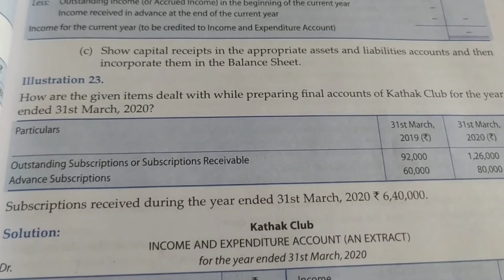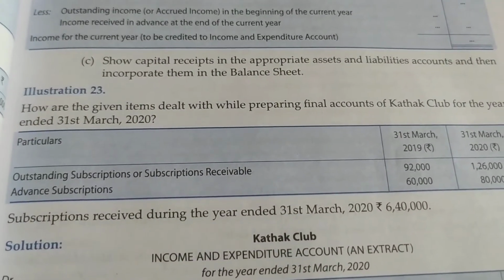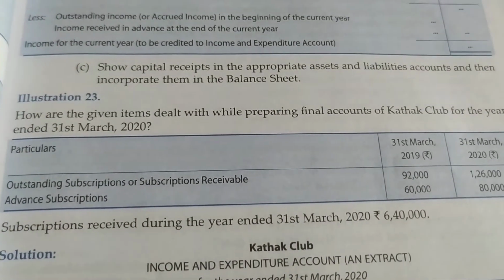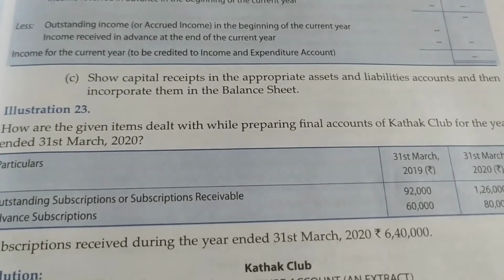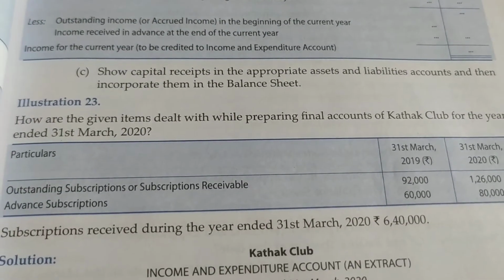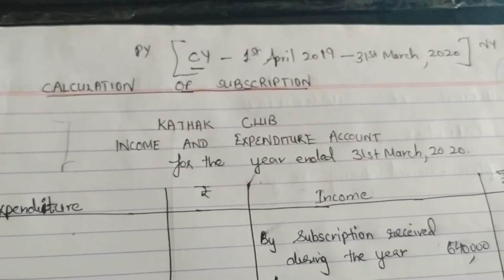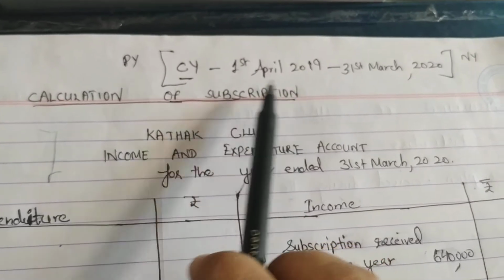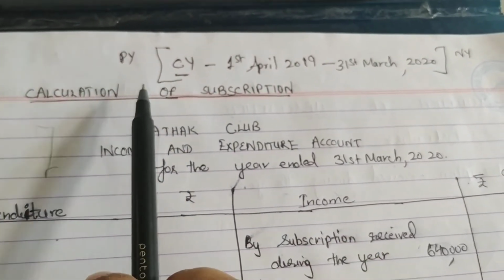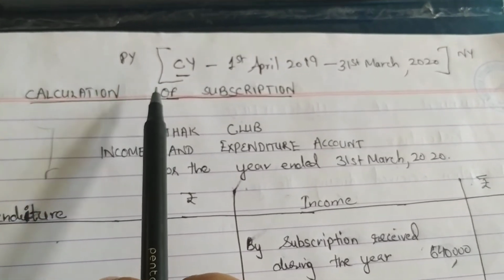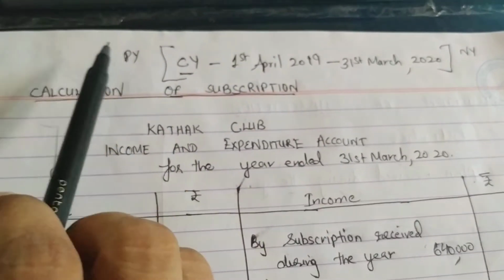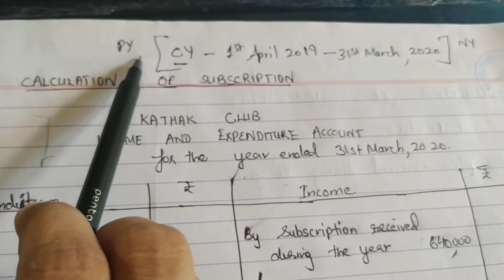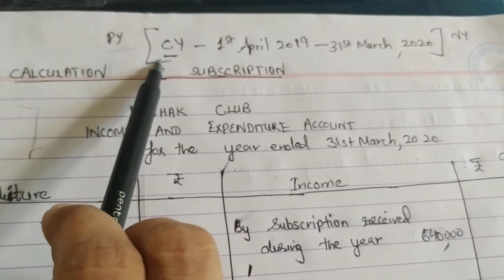After that, we will see the outstanding amounts. Outstanding subscription of 31st March 2019 means the pending amount of subscription on 31st March 2019, which is 92,000. Our current year starts from 1st April 2019, and 92,000 is pending, that is outstanding, on 31st March 2019, which is of the previous year, because this is the end of the year. 31st March 2019 will be the previous year, not the current year.